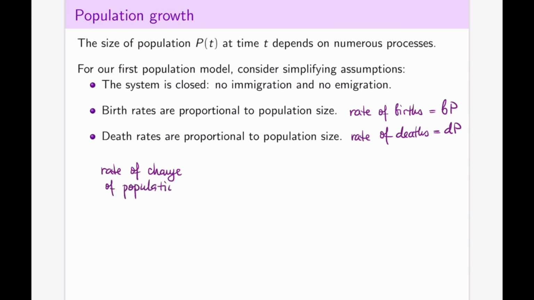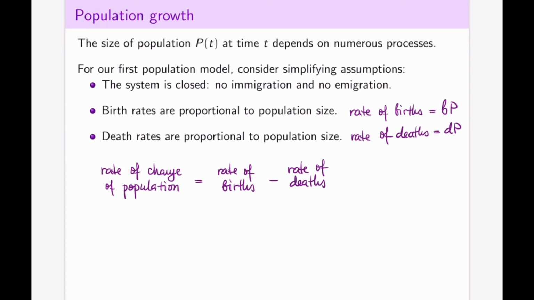What affects it? Well, first of all, the rate of change means that I have to account for positive changes, which is the rate of births. This is what adds to the population. And then I have to take away the negative changes, so the rate of deaths that happens in the population.